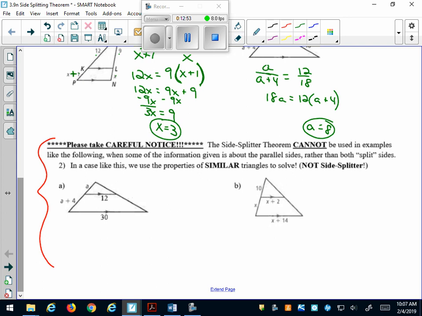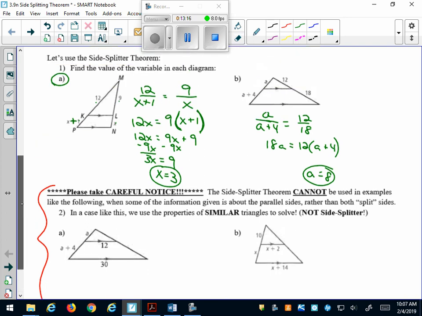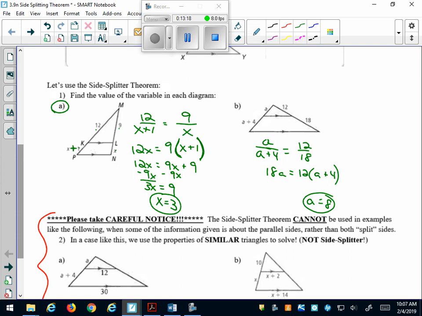We learned side splitter. It makes a lot of sense, makes things a little easier, kind of a shortcut, but it doesn't always work. It's a very specific situation where it works, and it only works when you have information on your triangle about the two sides that are split.